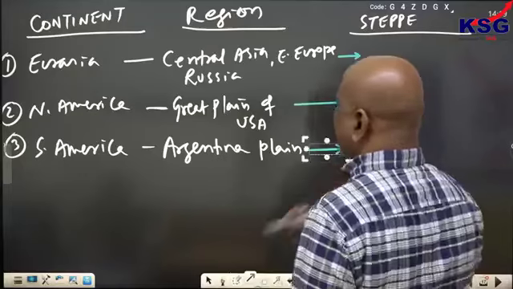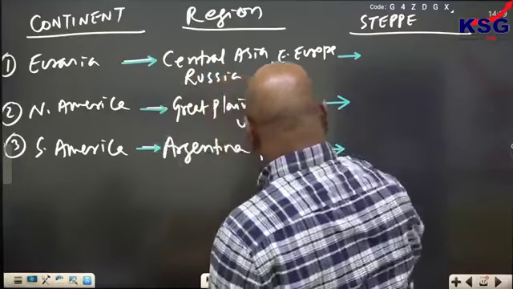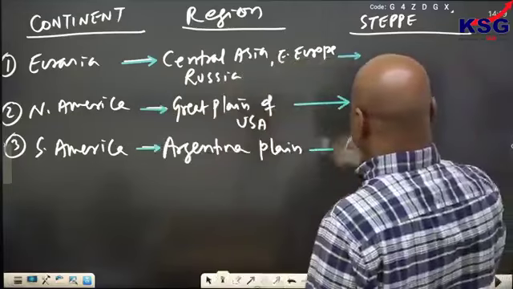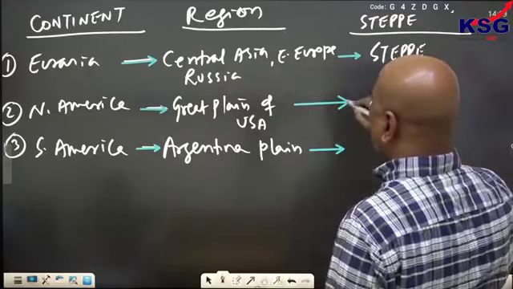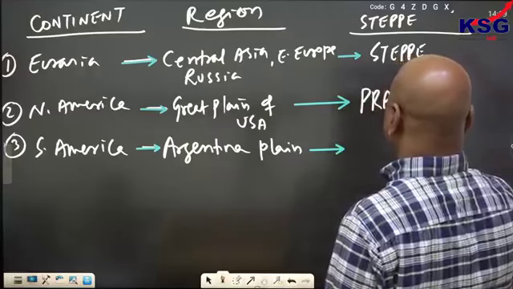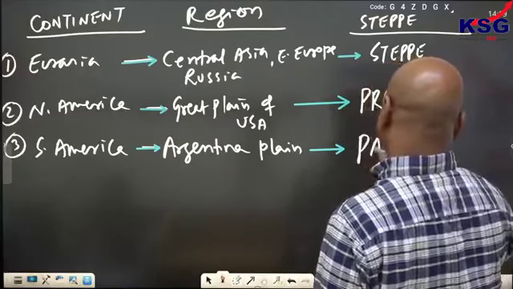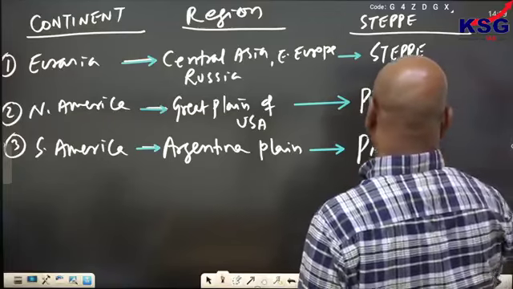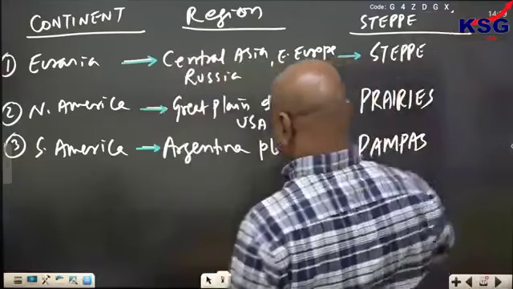Different peculiar names you have here. Example I am giving you. This is known in Eurasia as steppe. Here in North America it is known as prairies. Here in South America it is known as pampas. These are grasslands.